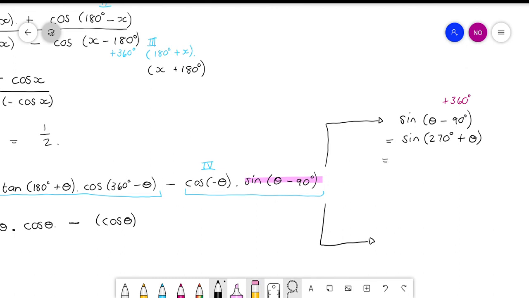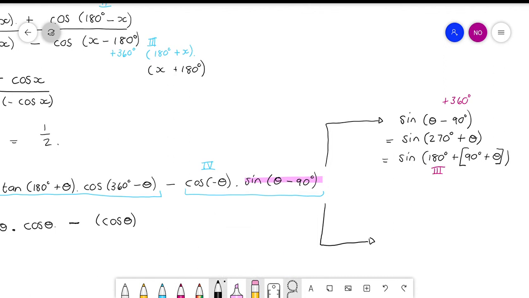Then I go further and I break that up. Now, forget about the 90 plus theta. In which quadrant is 180 plus? So then that means, what is the sign of sine in the third quadrant?